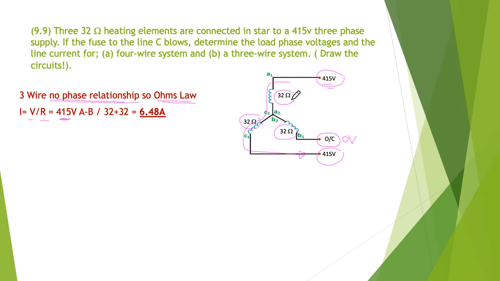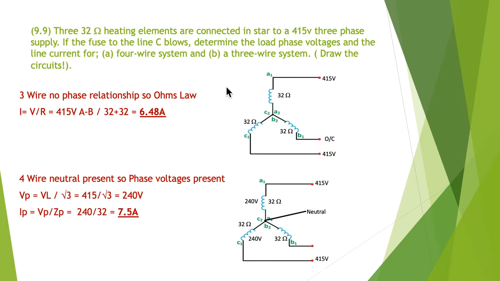The resistance is the addition of the A phase and the C phase, so 32 plus 32, of course 64. So 415 divided by 64 gives us a final current of 6.48 amps. So that's it for a 3-wire system.